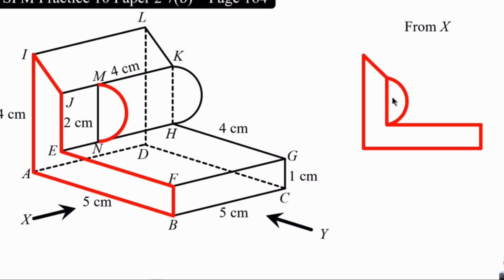Okay, for this one, we will discuss a bit fast from X, so please use a highlighter. You highlight all the lines in front of the X, the purple and the red one. After that you transfer all the lines into a straight line. Okay, it becomes like this.